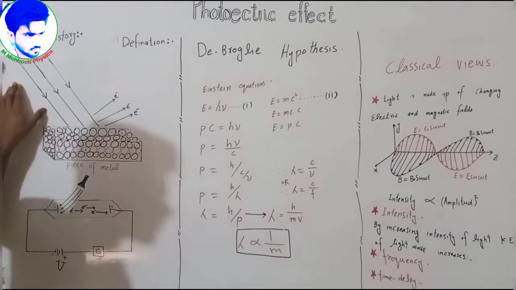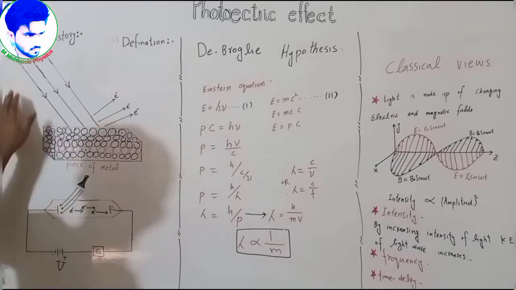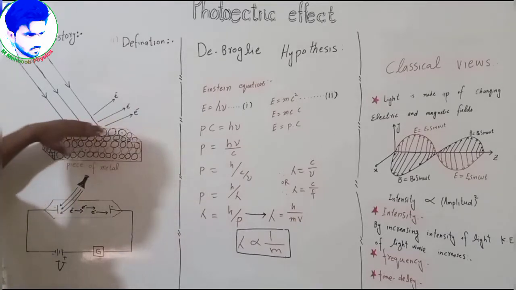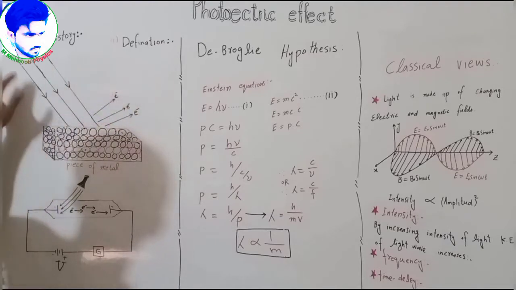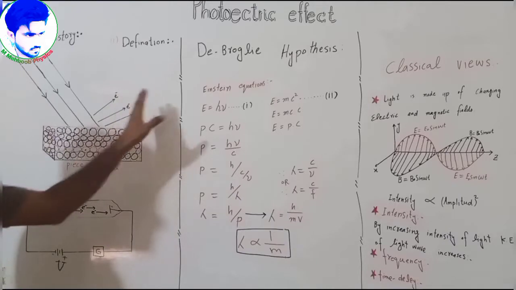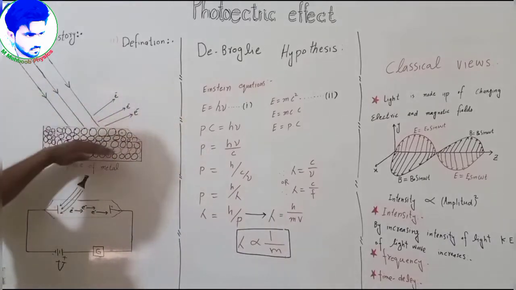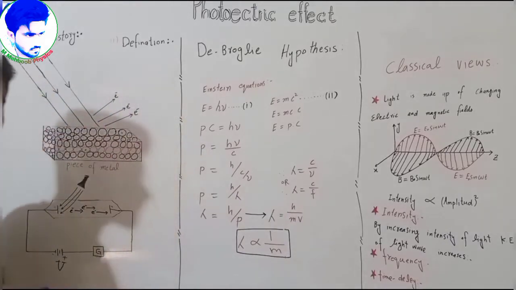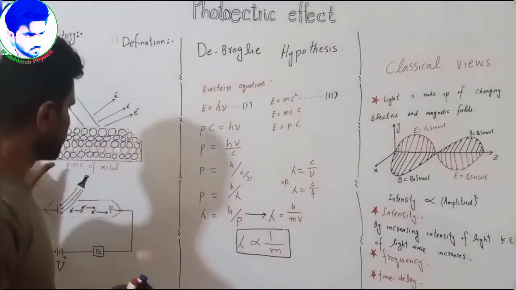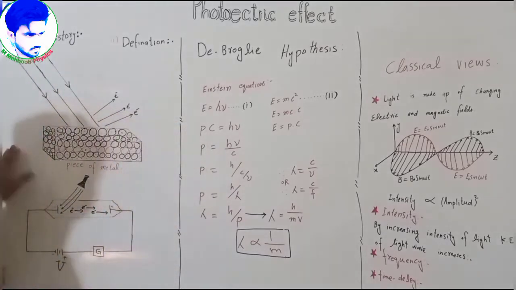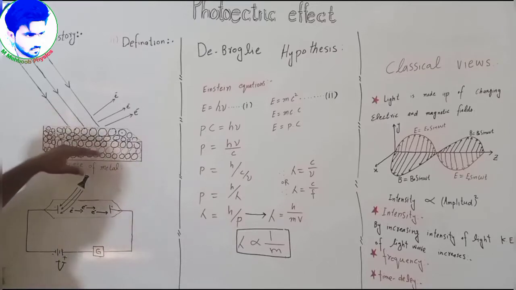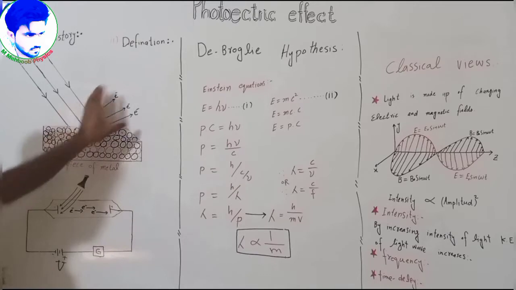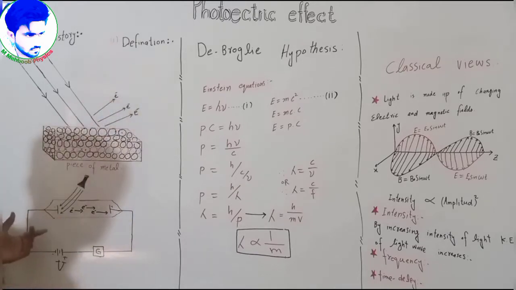When light of a particular frequency shines on a metal surface, electrons are ejected from that metal surface instantly. The words particular frequency are very important in this topic. If light shines on the metal surface, the electron absorbs that light photon and is ejected from the metal surface.